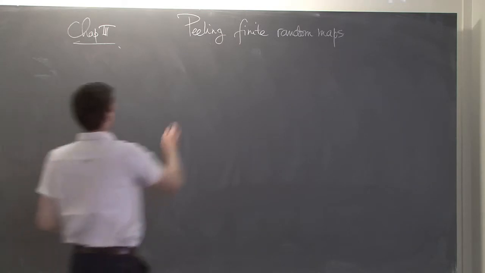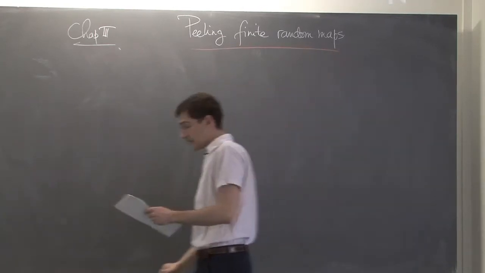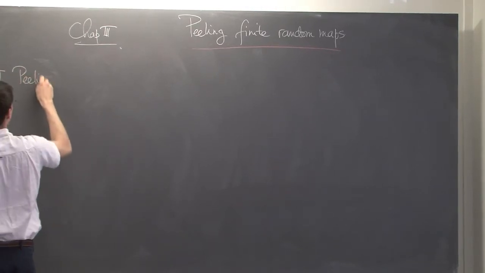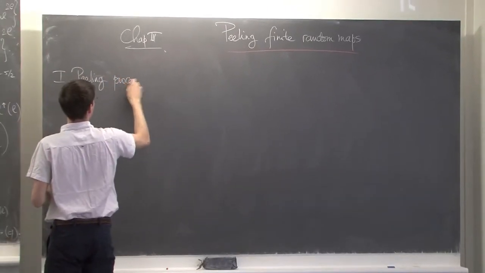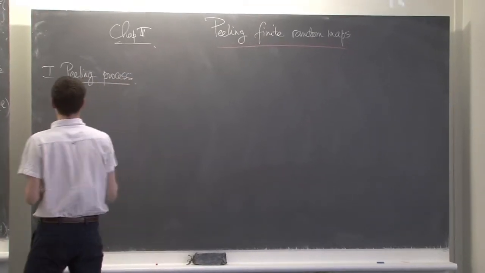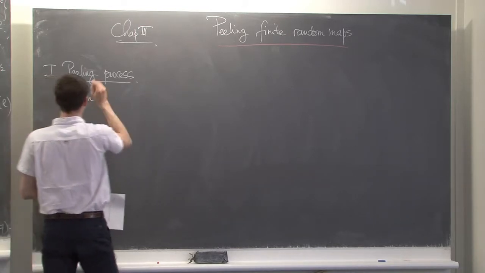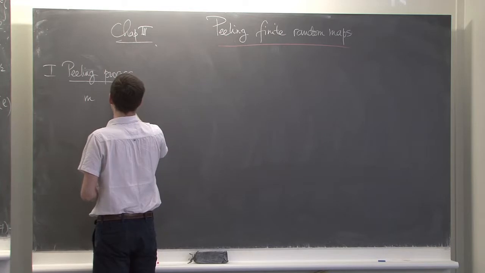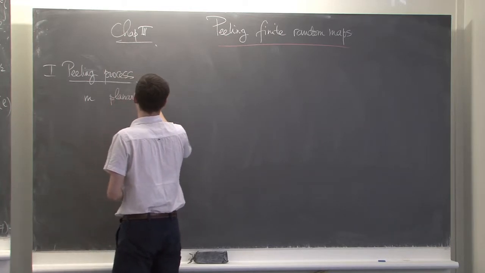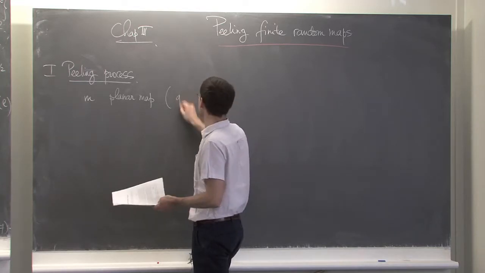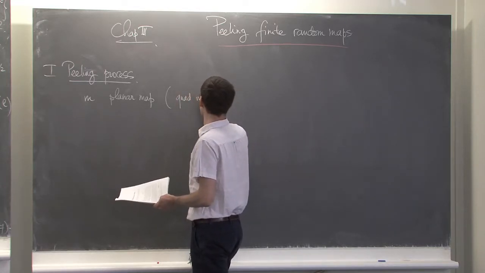So I'll start by defining the pinning process in a completely deterministic setting, which is as follows. So we have a map, M, planar map. In our case, you may think that this is a quadrangulation with a boundary.